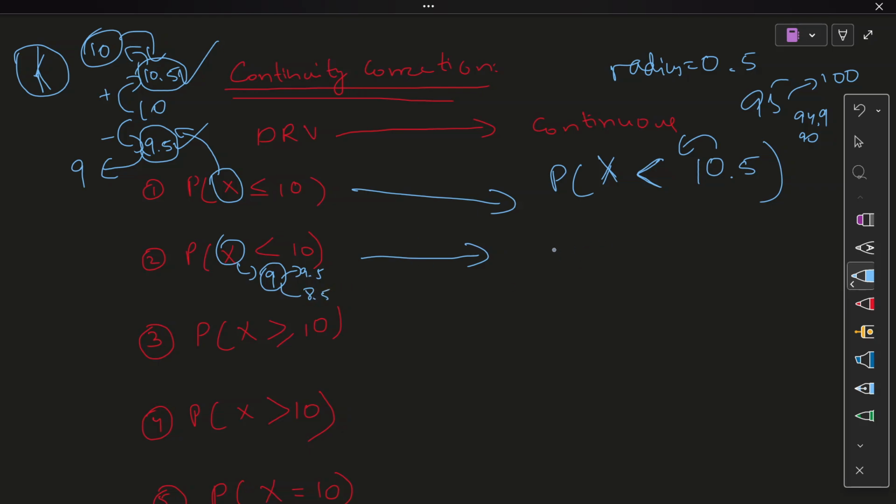Now we come to the continuous side, right? Probability x, use less than. Now, which of these values do I put here? Let's ask the inequality again. Which value should I take? The inequality will tell you I take all values that are less than 10. That means they must be below 10. So the whole number value is 9.